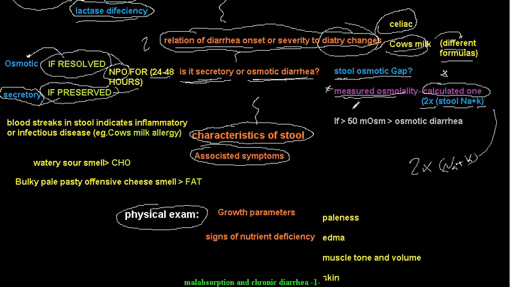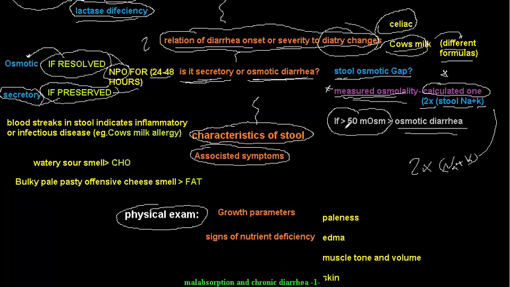The measured osmolality is by lab examination; you measure the osmolality of stool. If you subtract the calculated osmolality from the measured osmolality and it is more than 50 milliosmol, then it is osmotic diarrhea.